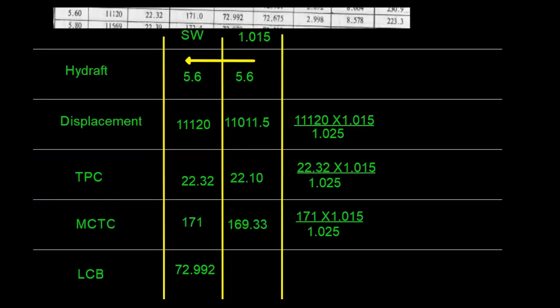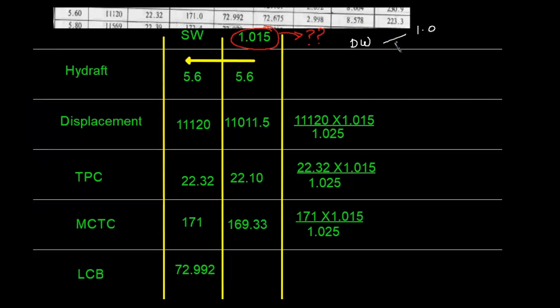Suppose the density is 1.015. That is actually dock water, right? Why is it dock water? Because the density is less than 1.025.